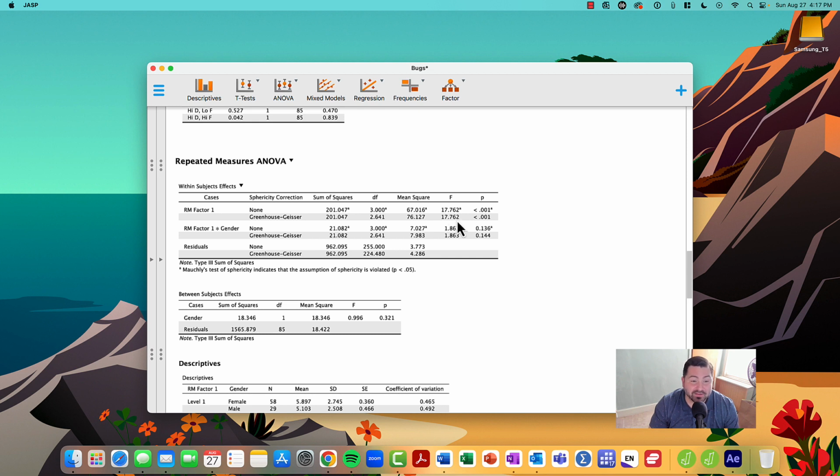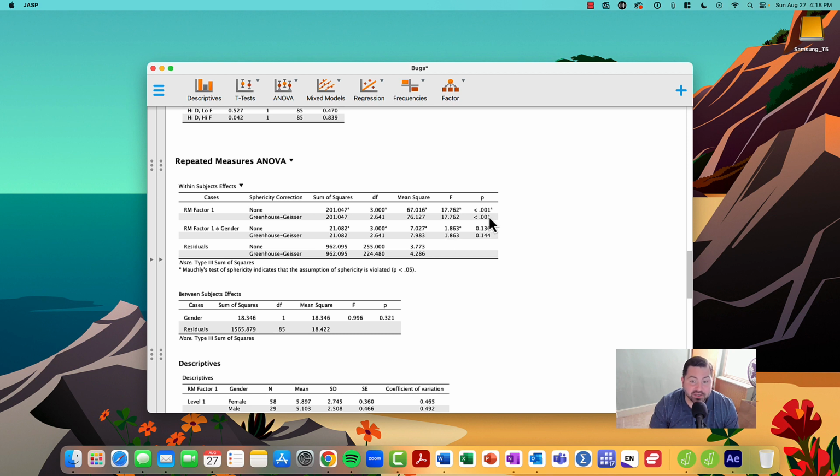So to determine the F statistics, you would take the Greenhouse-Geisser mean square of 76.127 and divide it by the Greenhouse-Geisser of 4.286, and you would get your 17.762. To look at your repeated measures by your gender interaction term for Greenhouse-Geisser, you would take 7.983 divided by the 4.286 of unexplained, and you would get an F of 1.863.